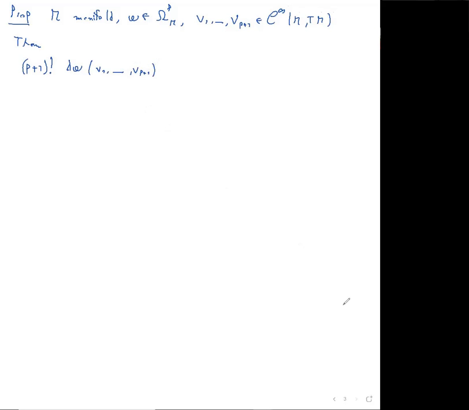So before I tell you the proposition, which is what this is equal to, let's recall what this means. Omega is a p-form, d omega is a (p+1)-form, and we know that p-forms are alternating multilinear operators on T_mM to the p, basically. So that's the definition.